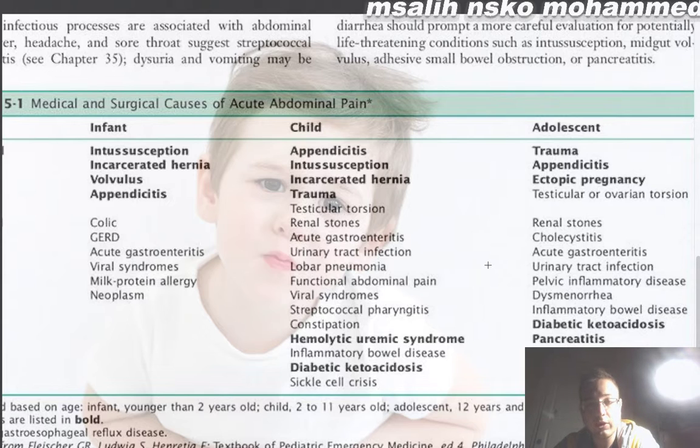If it is cholecystitis, it will show up in the color of the stool and the investigation of the stool.